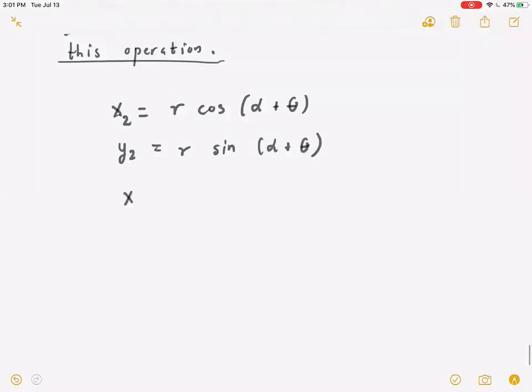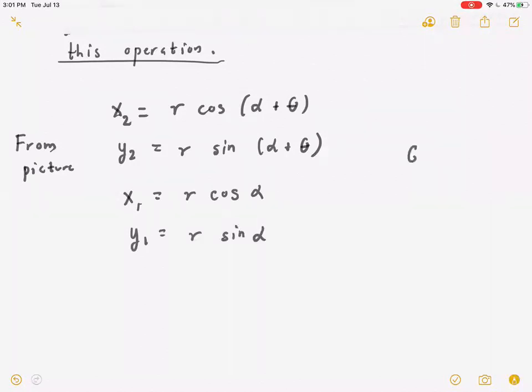So all this comes from my diagram, from my picture. Pictures tell you things. X sub 1 is R cosine of alpha, and y sub 1 is R sine of alpha.